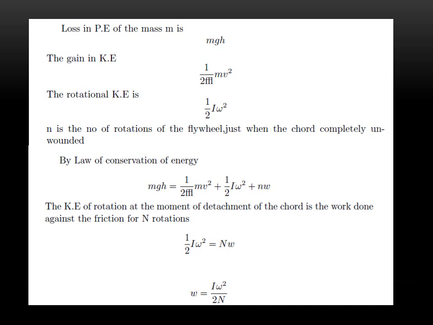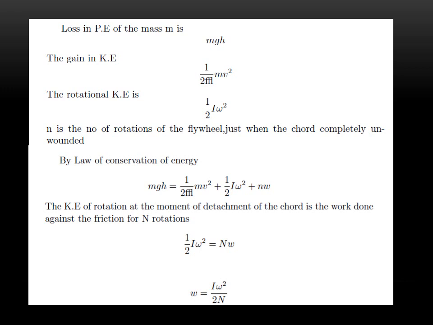Then when it moves down, it tries to rotate the flywheel, because there are a number of wounds on the axle. So the corresponding gain in rotational kinetic energy is given by half Iω². If small n is the number of rotations made by the flywheel when the cord is on the axle.